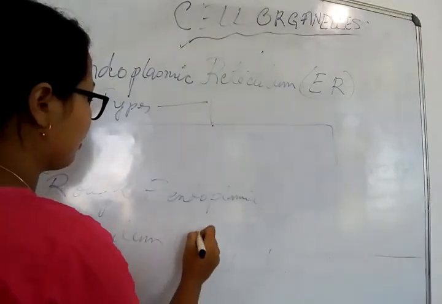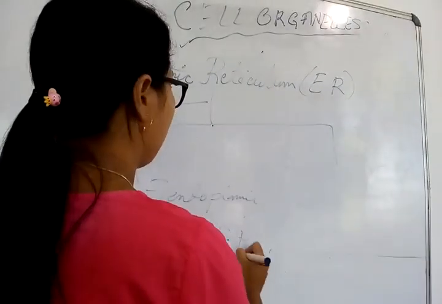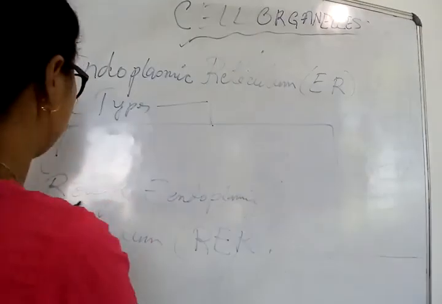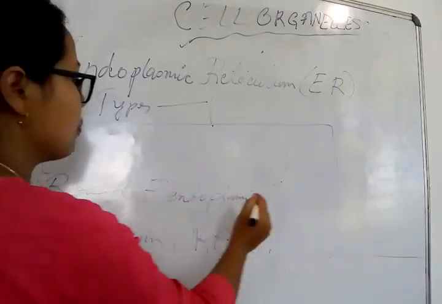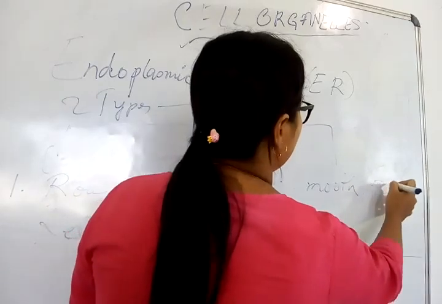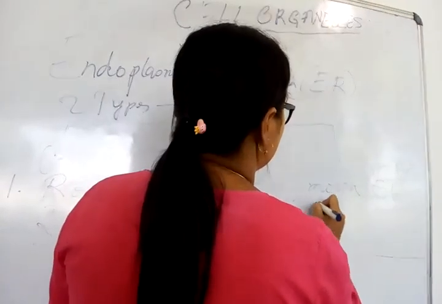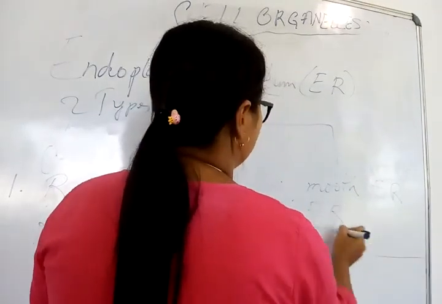In short, we can write this as RER. And the opposite of rough is smooth: smooth endoplasmic reticulum. In short, we can write this as SER.